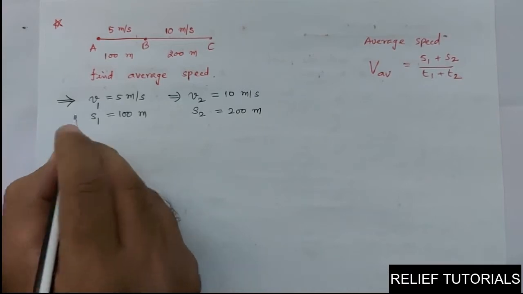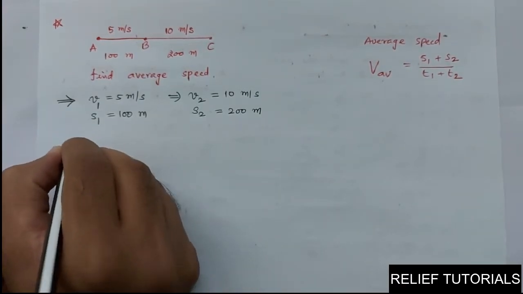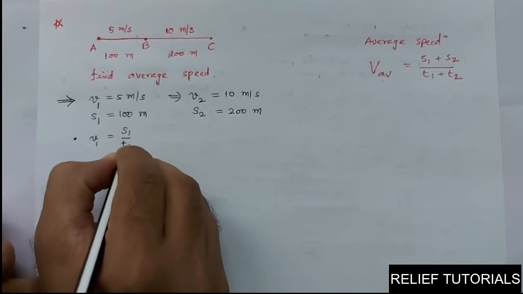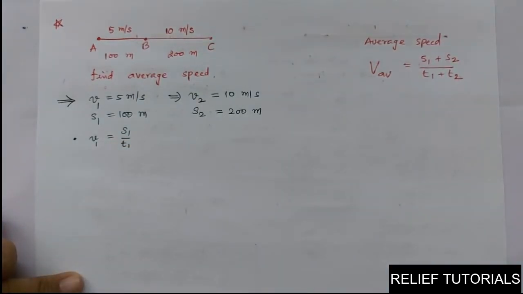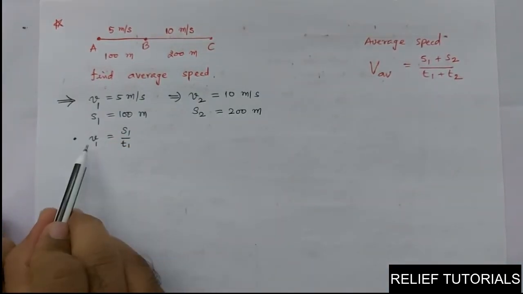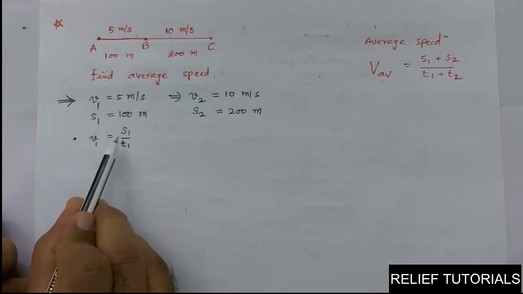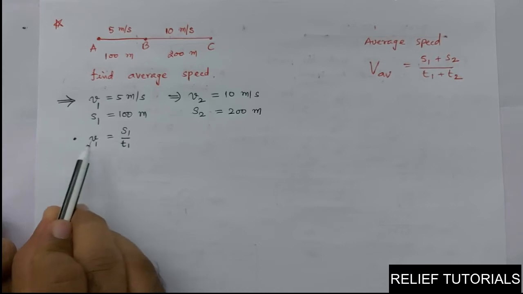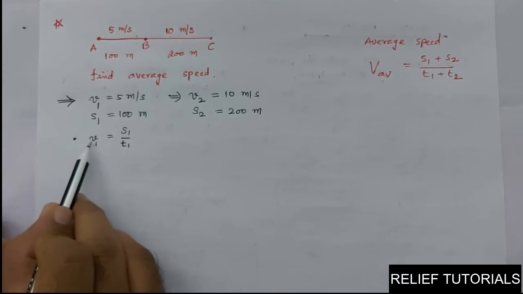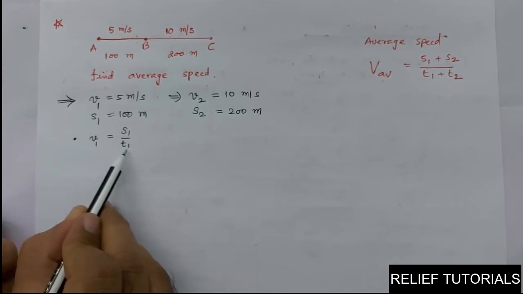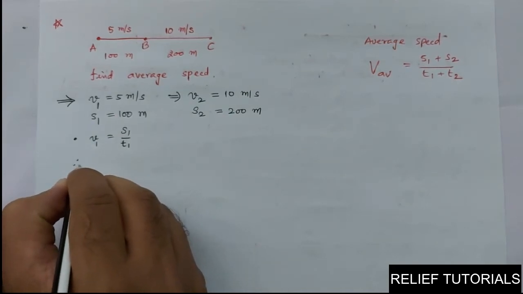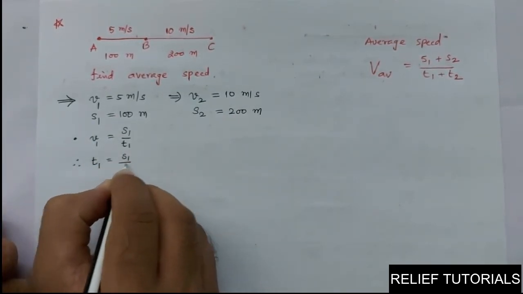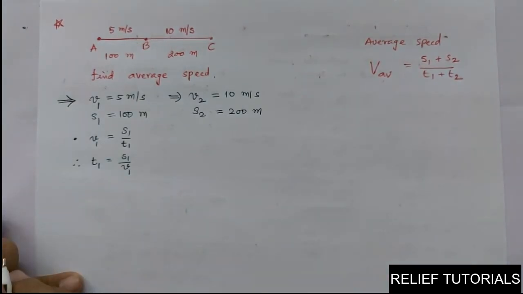So how can we find T1 here? We know the formula for the speed. Can we write V1 is equal to S1 by T1? We have the value of V1, we have the value of S1, T1 is missing. So make T1 the subject of the equation. Take this T1 here, and V1 will be in the denominator. So the next step is T1 is equal to S1 by V1.